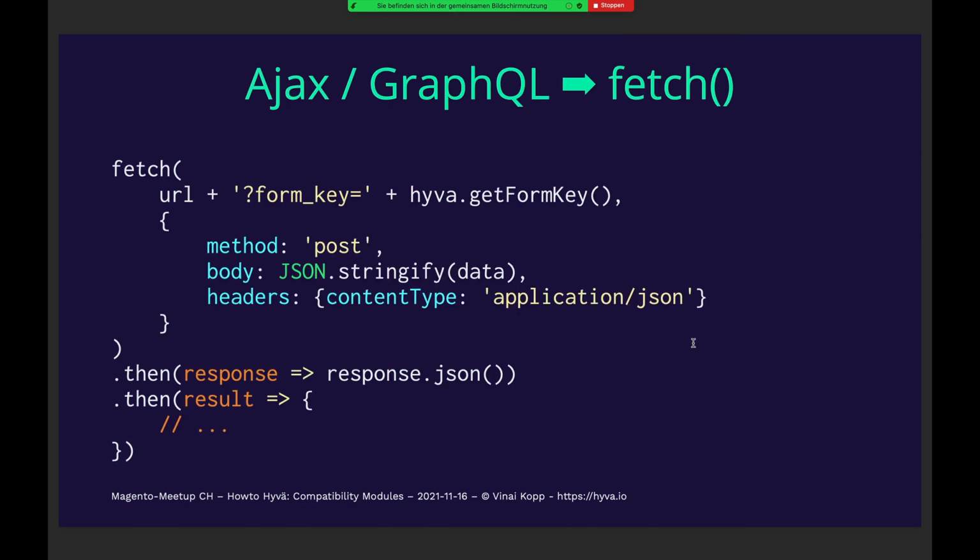Now, another thing that is used a lot in Magento, and most people use jQuery Ajax for that, is calls to REST API endpoints or GraphQL API endpoints. And in Hyvä we use the browser native fetch method for that. It takes a little getting used to coming from jQuery, but it actually works great.